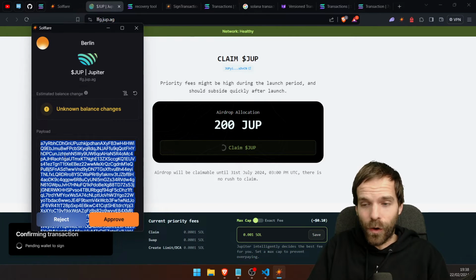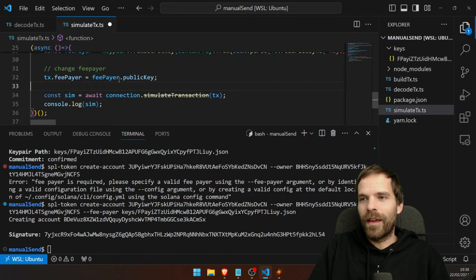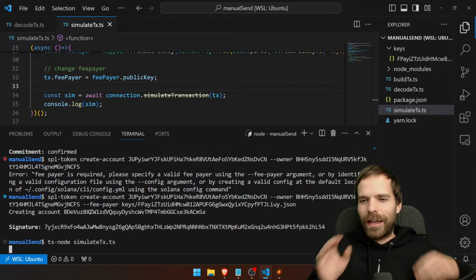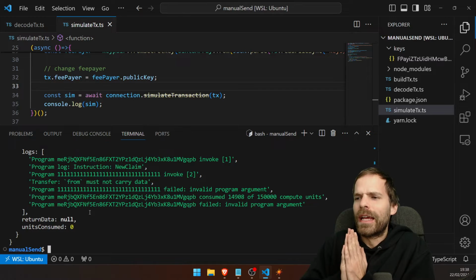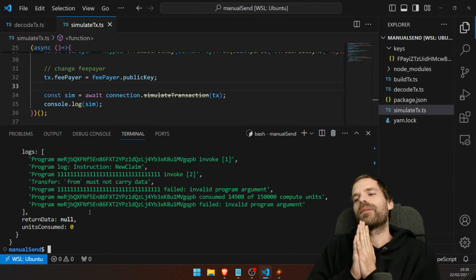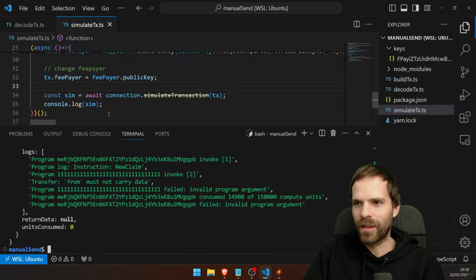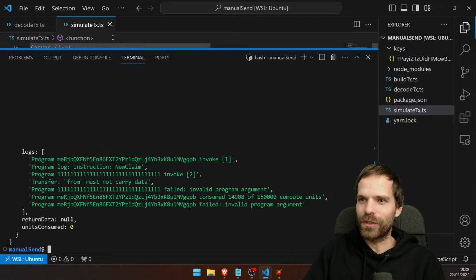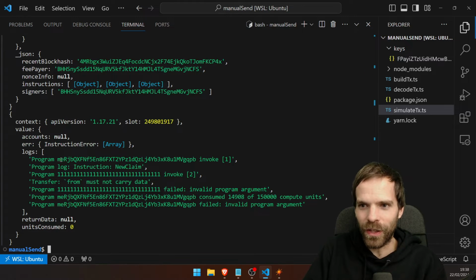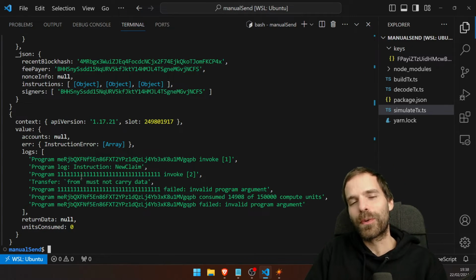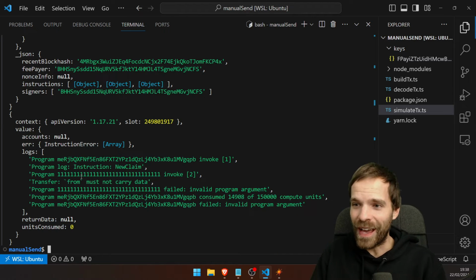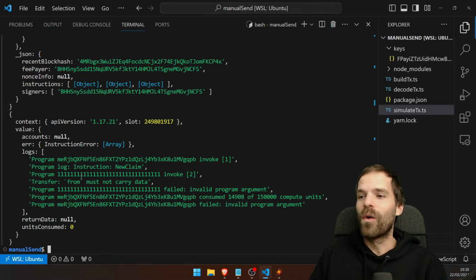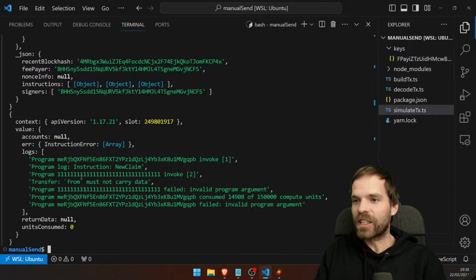But if I now copy this, and then I simulate this, let's hope and pray. We still need to pay for something. And it's not the associated token program anymore. We got around that.